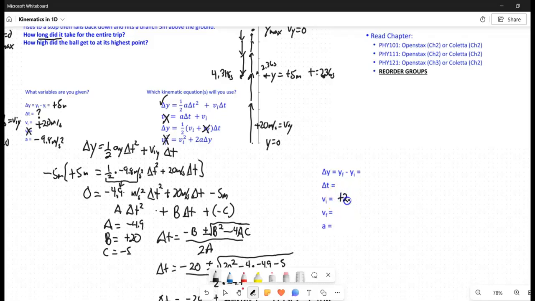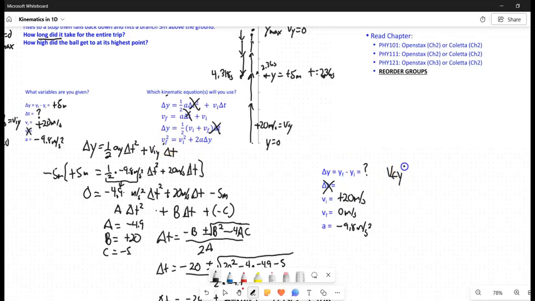It's been launched at 20 meters per second. When it gets to its maximum height, this is 0 meters per second. At that maximum height, 9.8 meters per second squared. And we want to know how high it got to, but we don't know the period of time. So, to figure out how high it gets up, we can't use any equation that has time in it, which means we can't use this equation, or this equation, and we have to use that last equation.